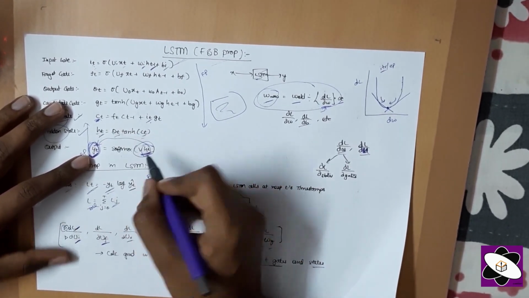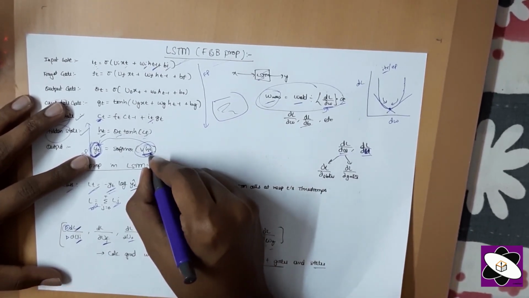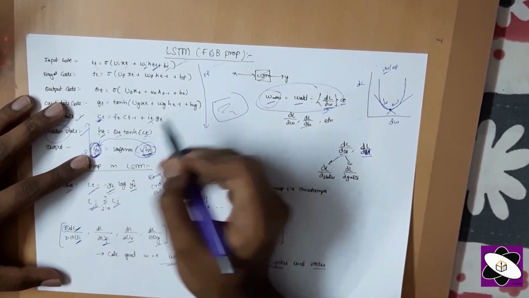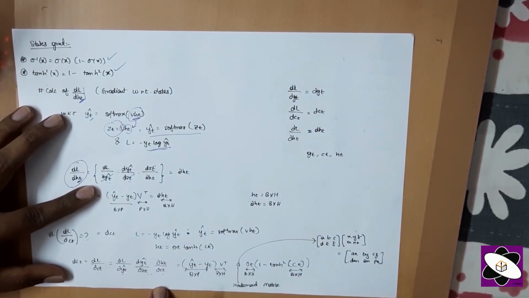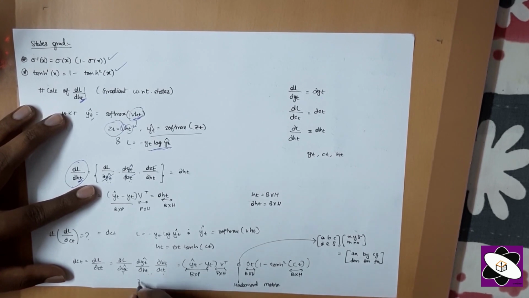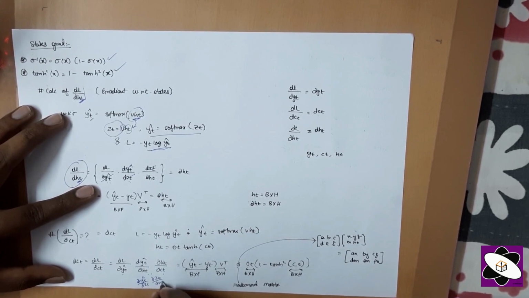So we write DY by DHT, then DHT by DCT. It's similar to DL by DYT hat, by DZT, then DZT by DHT, then DHT by DCT.